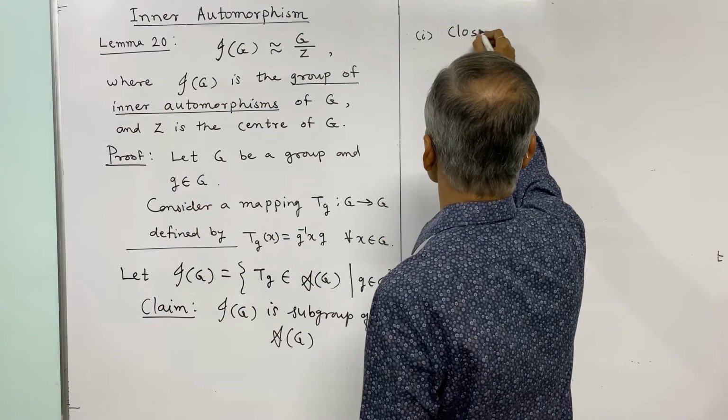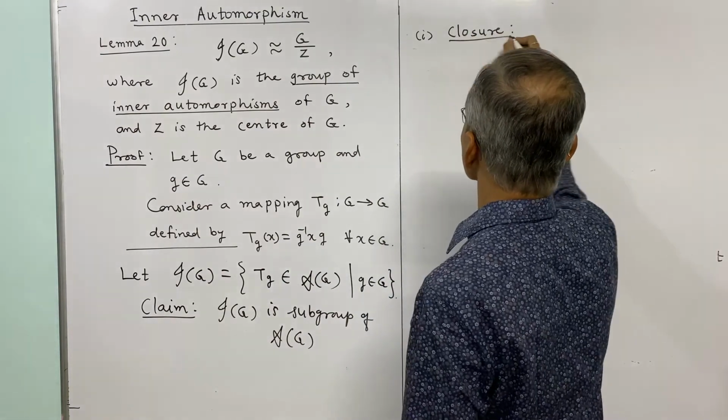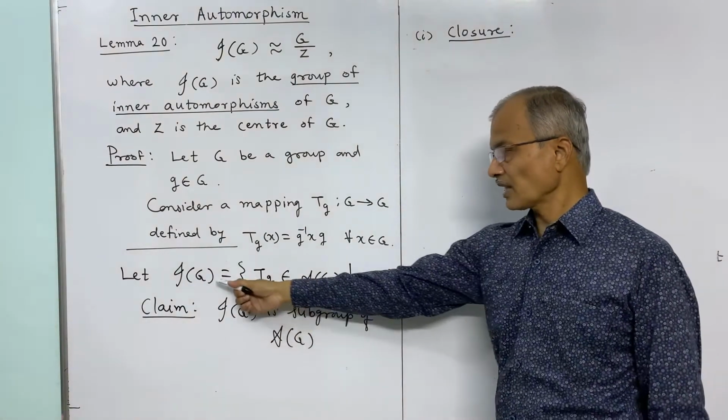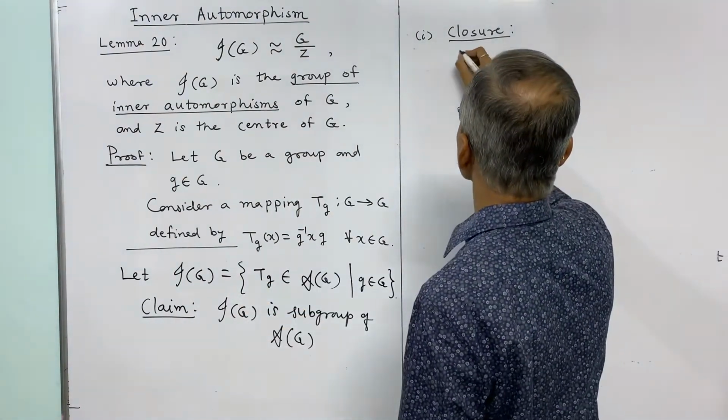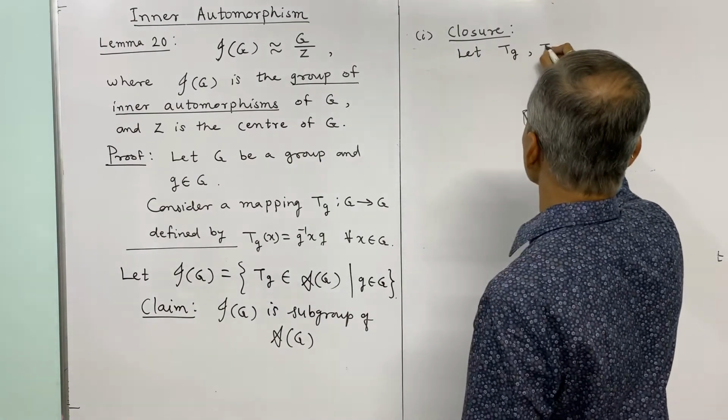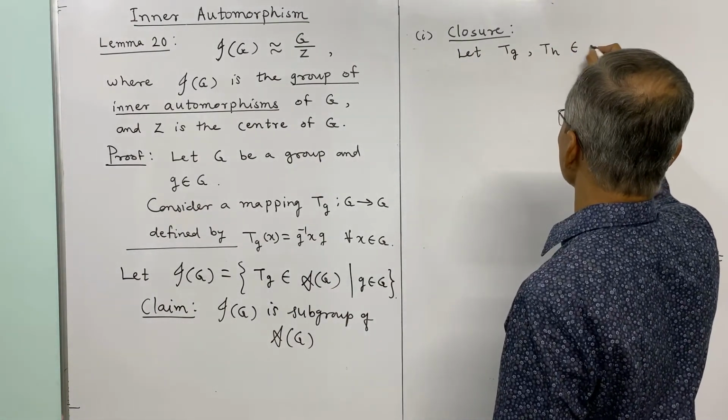The next property we shall consider is closure. For the closure property, we consider two elements in I of G. Let Tg and Th belong to I of G.